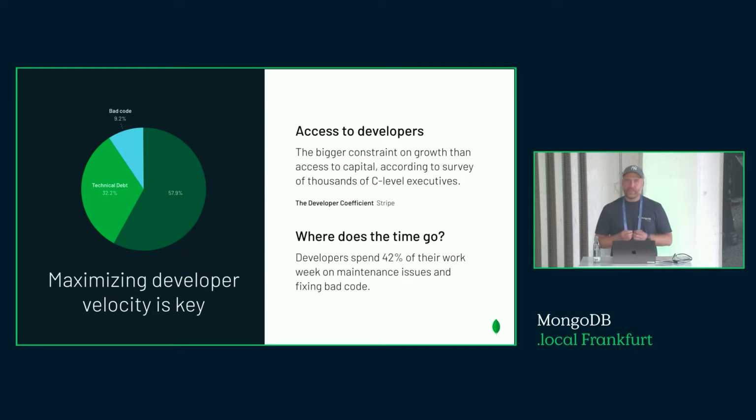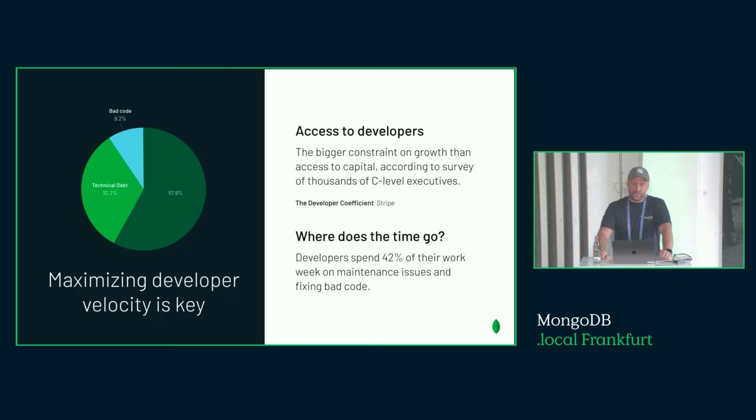So bringing developers up to speed, making them more productive, is a much better solution than getting just access to money. And that's why maximizing the developer velocity, so making developers fast, is really key here.